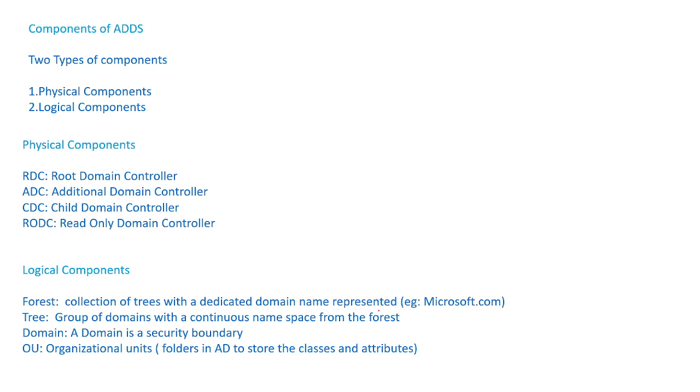Say for example, you have bought a new server, and this is your very first domain controller. You have installed Active Directory, AD DS, here. And you have created a first domain, maybe microsoft.com, and this is for the Bangalore location.